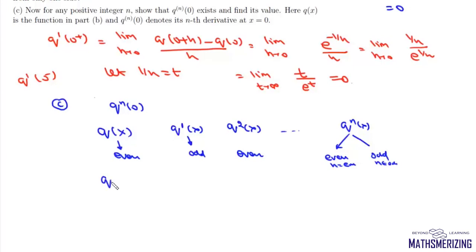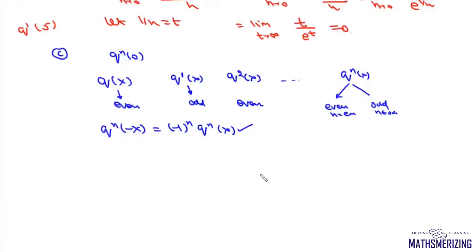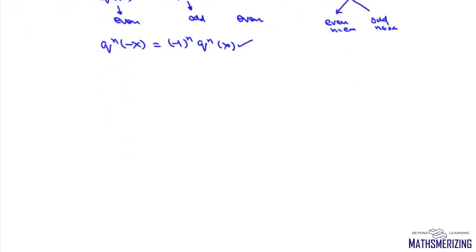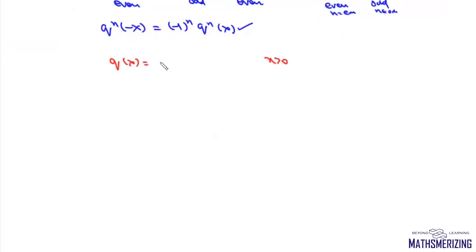So we can simply write q^(n)(minus x) will be (minus 1) to the power n q^(n)(x). Now if we look at this function q(x), when x is greater than 0, it is e to the power minus 1 by x. Now q'(x) will be e to the power minus 1 by x into 1 upon x square.